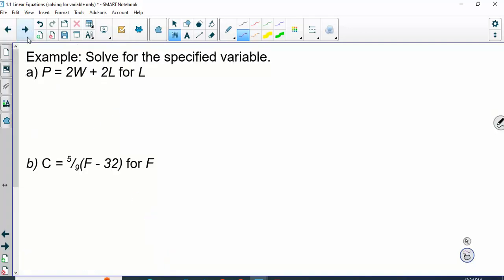Let's do this one. So this will be like our example D. Kind of jumping around today. How am I going to solve that for f?